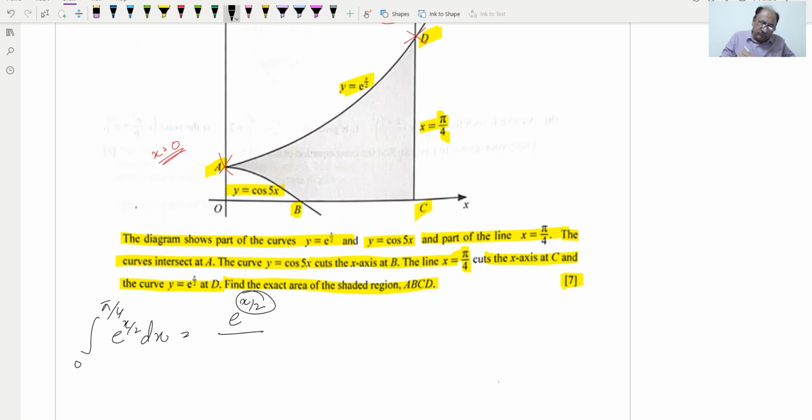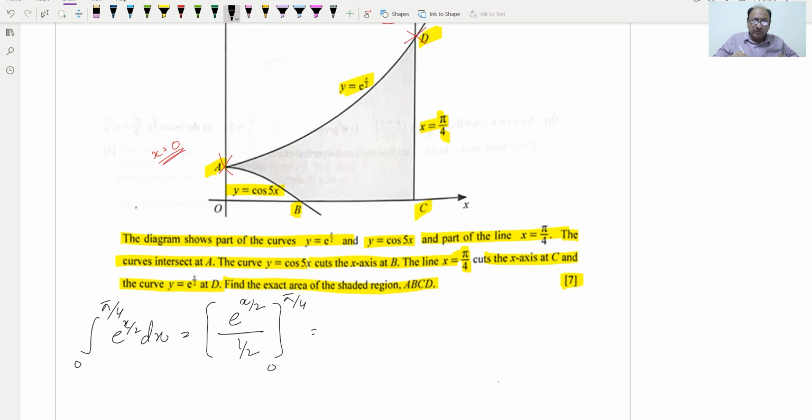Basically the derivative of this will be 1 by 2, and we will be taking the limit from 0 to pi by 4. When we replace the upper limit, it will be e raised to pi by 8.